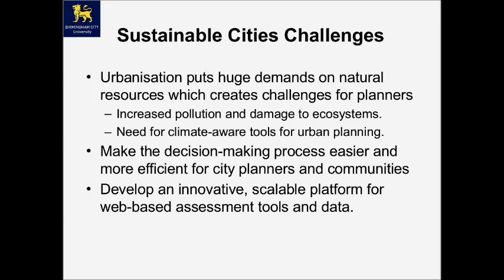the city. So urban planners, the people within cities who are charged with trying to plan development over the next 10, 20, 30 years, need to have tools that focus also on climate awareness and an understanding of what that development will do in terms of the demand for resources by the city, as well as simply looking at things like how much office space can we create, how many houses can we create, where do we need to put the metro stations.